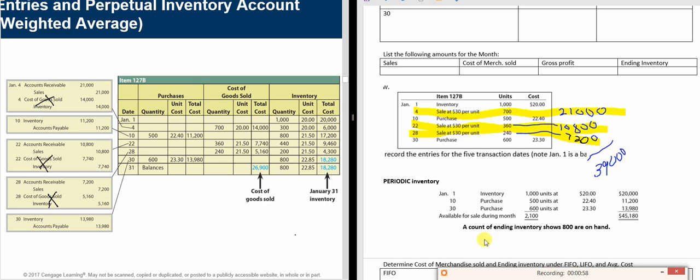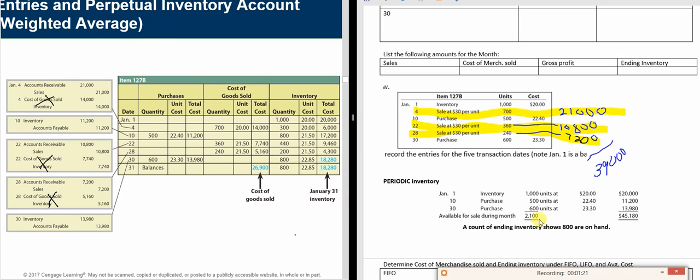So what I do is I record the sales. I'm going to record the 21,000, the 10,800, and the 7,200, but then I rewrite it like your handout does, and I get rid of the sales. So I have 1,000 at 20, 500 at 22, 600 at 23, right there.